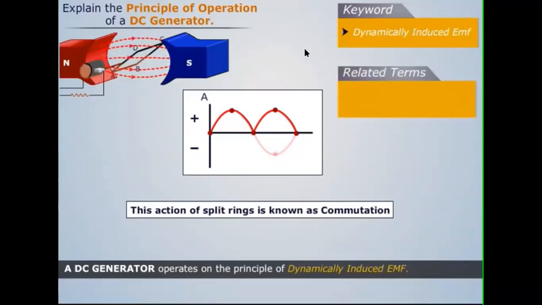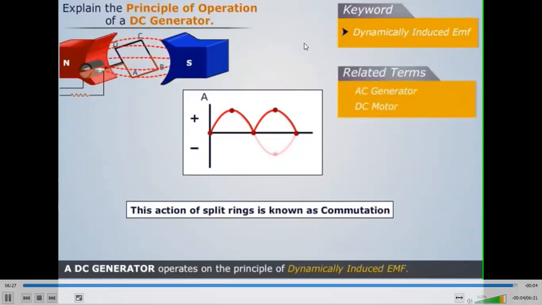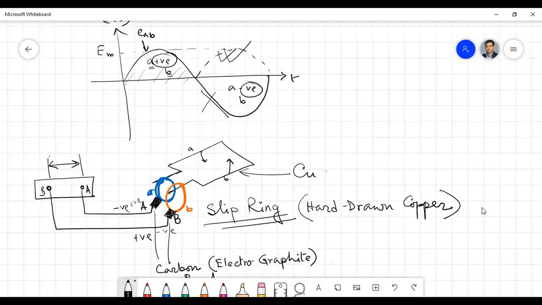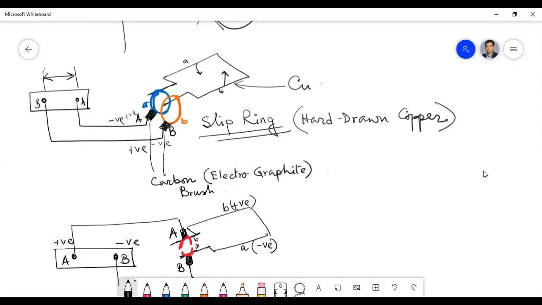Okay, so is that video clear? Actually, there they have assumed some load, but without load also we can explain this principle of commutation.